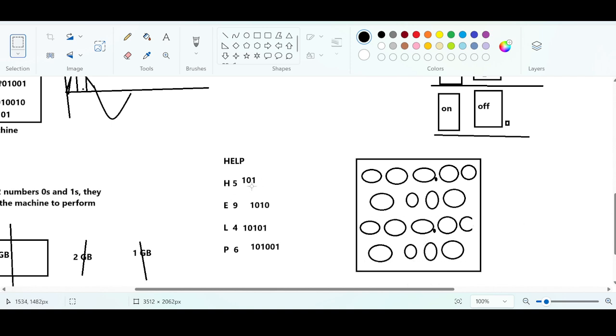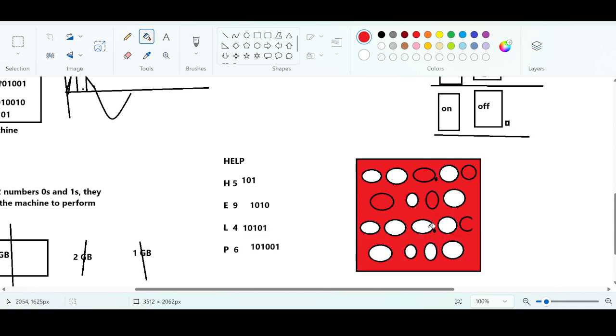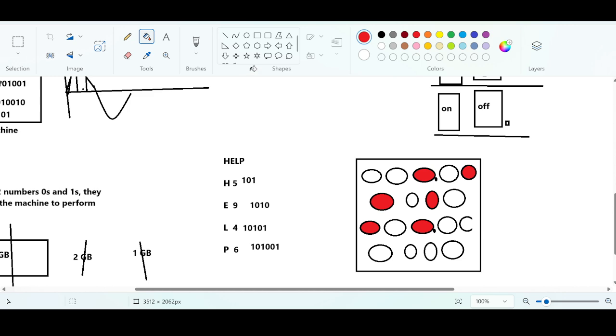By the code that you're passing, when the frequency is 101, these bulbs will be turned on. When the frequency is 1010, these two will be turned on. When the frequency is 10101, these 3 will be turned on.